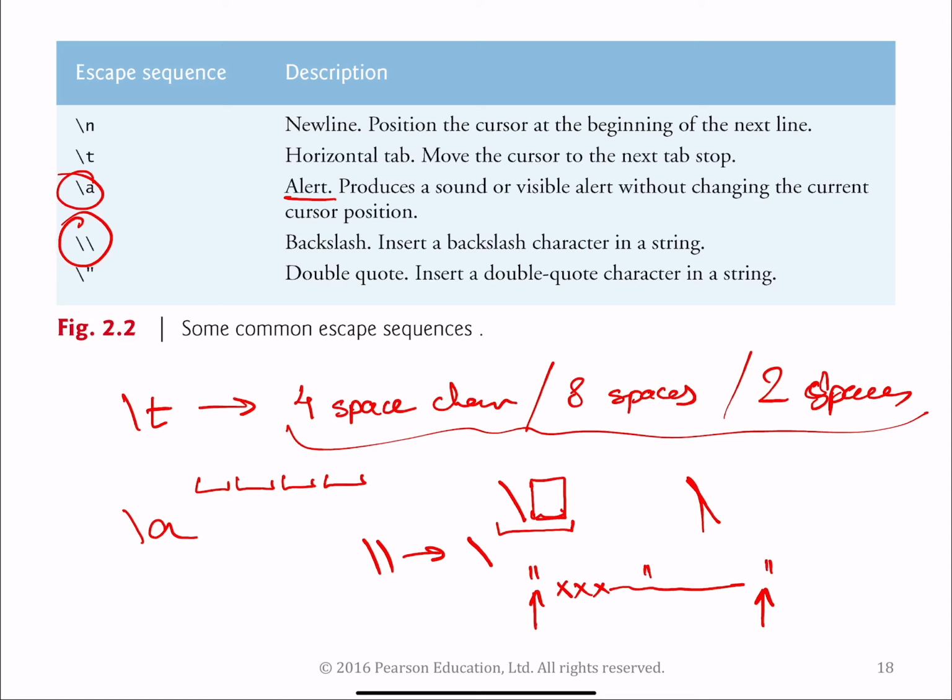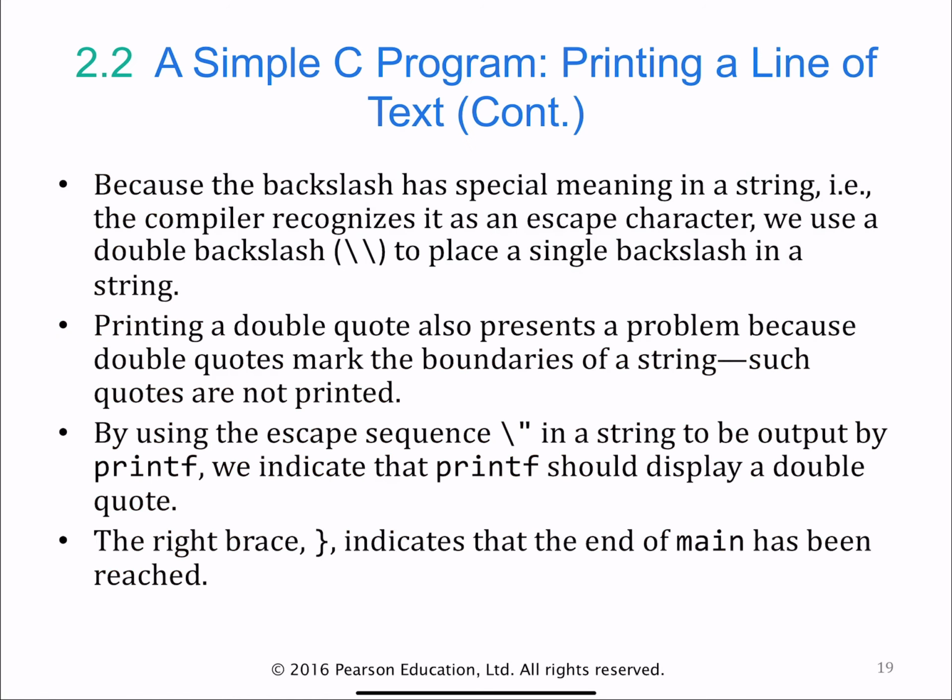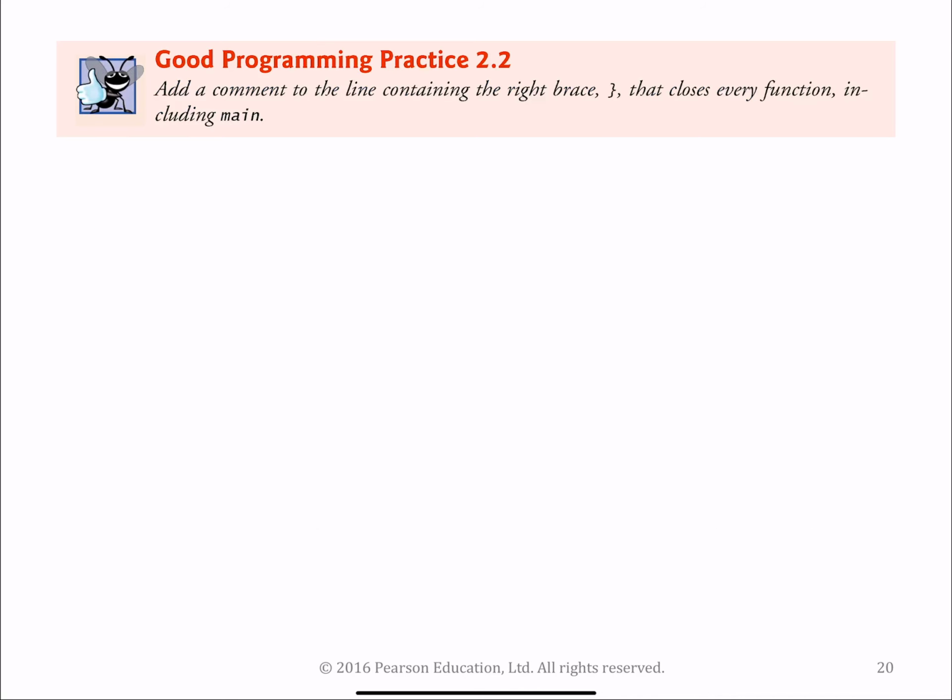Well, to do that, you again have to use an escape sequence, \". This will insert a double quote in the string as part of the text. We'll see that in the demo, so don't be too confused by that right now. We'll try that out.